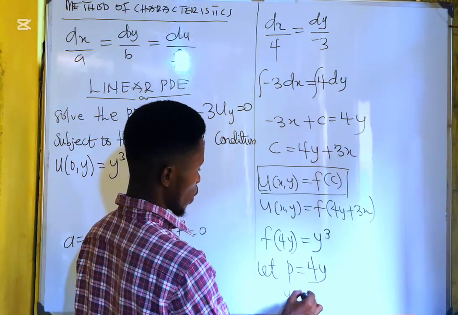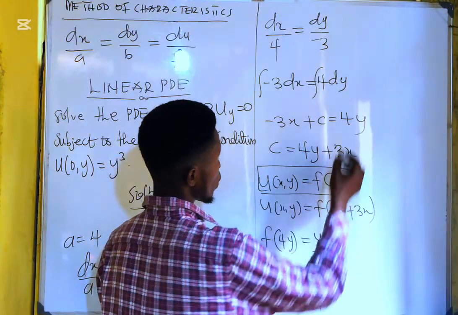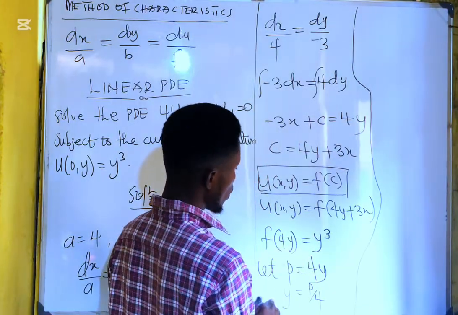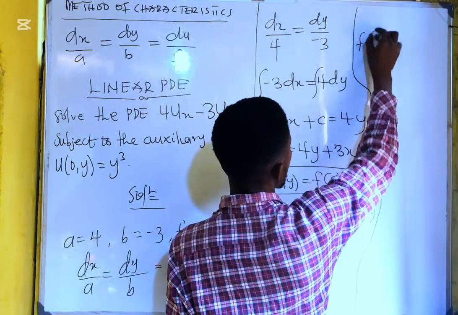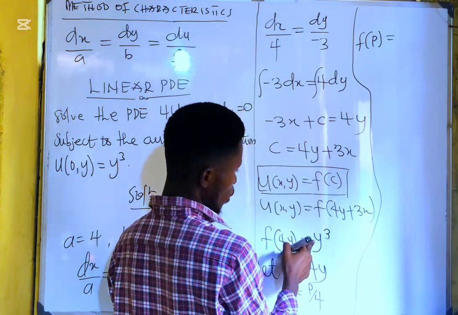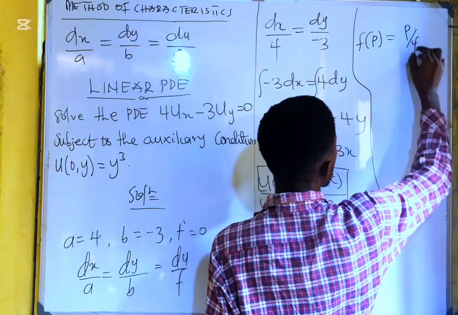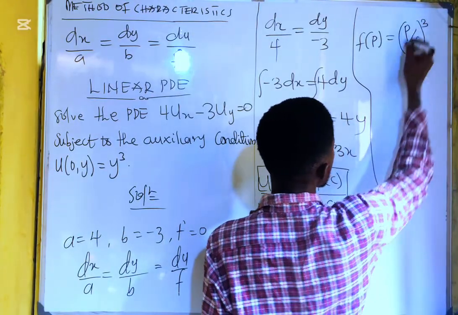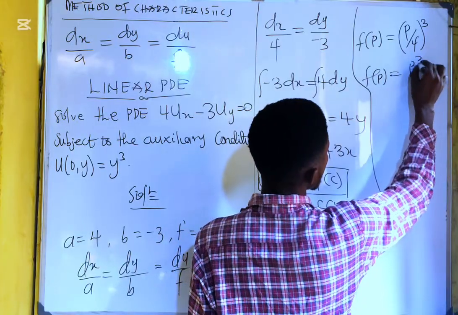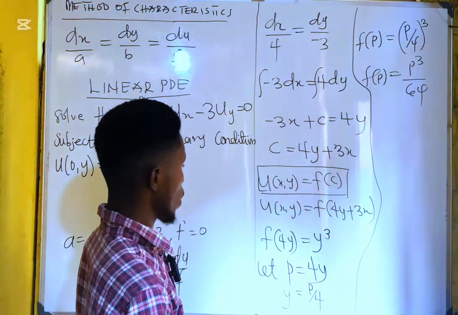You make y the subject, you have p over 4. Already done this before, so it means that f at p is going to be, wherever you see y, you put p over 4 there, so p over 4 cubed. So f at p is equal to p cube over 64. Is that okay? So that's what you are going to get.